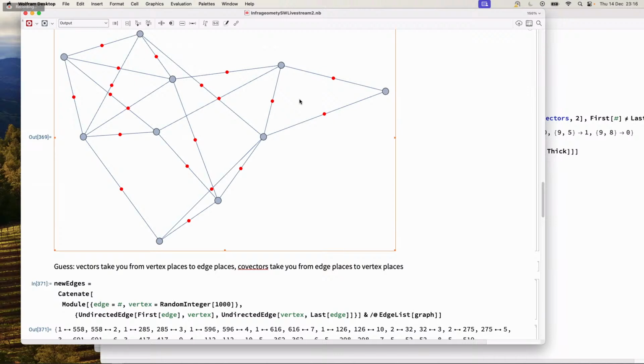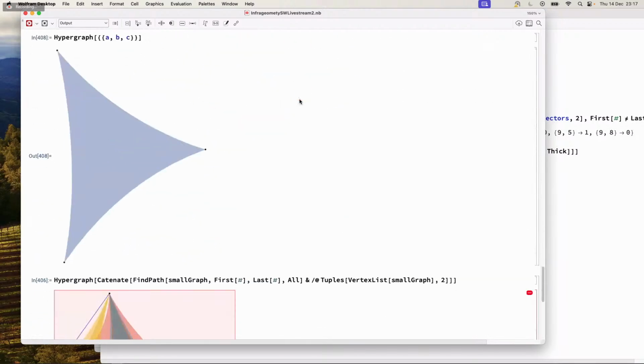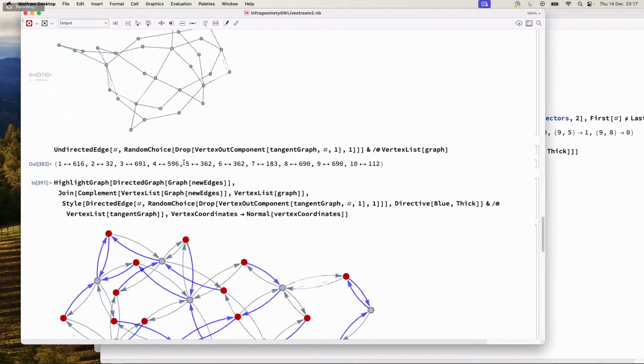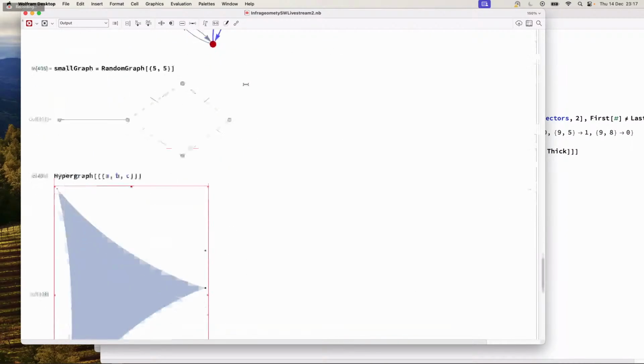Okay, can we talk about exterior calculus and how we get... we said a one-form is associated with going from an edge place to a vertex place. What's the two-form? Yeah. So modulo this guess, right, then a two-form.